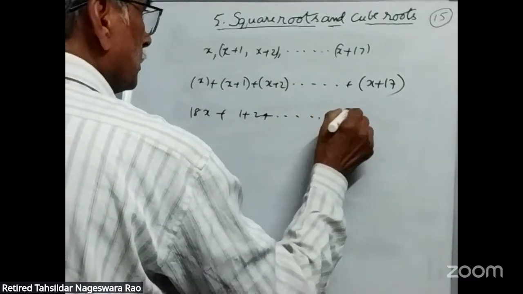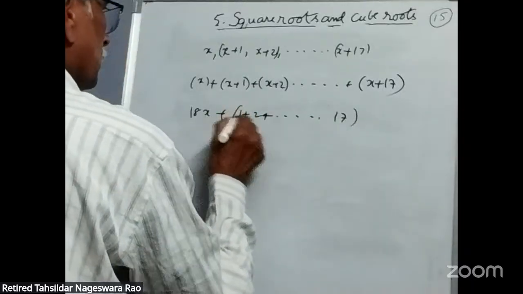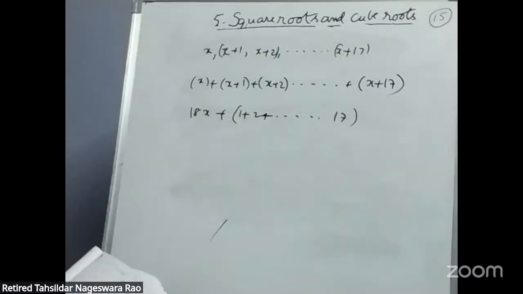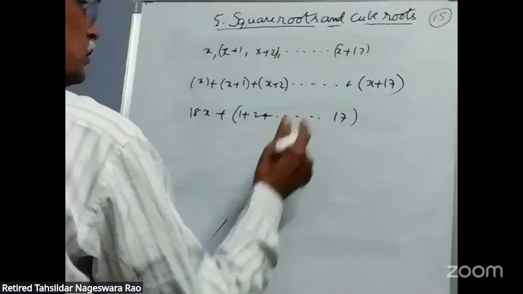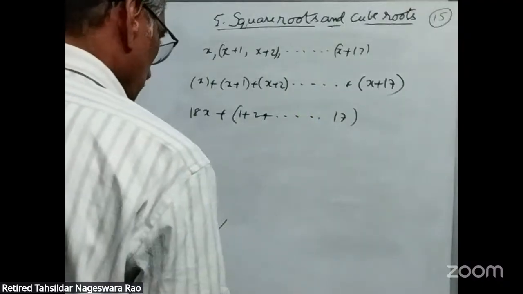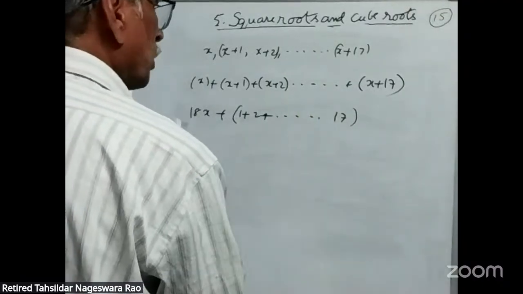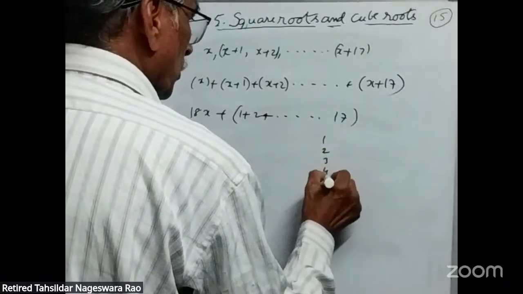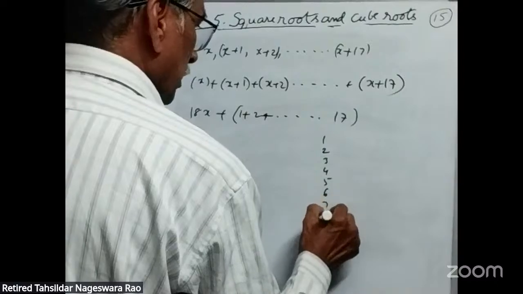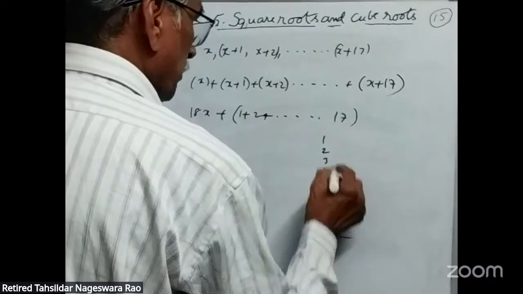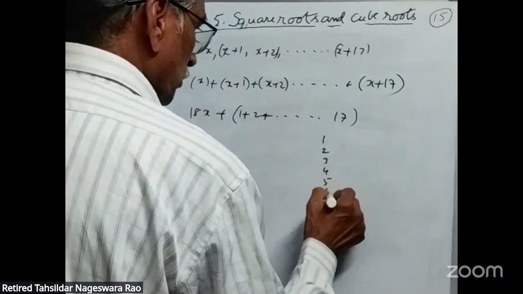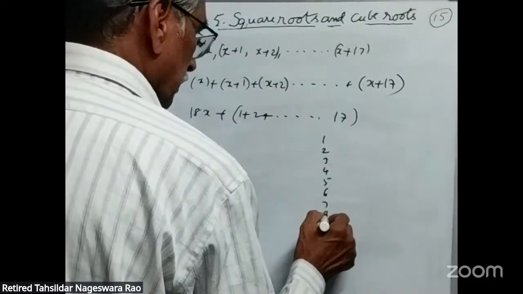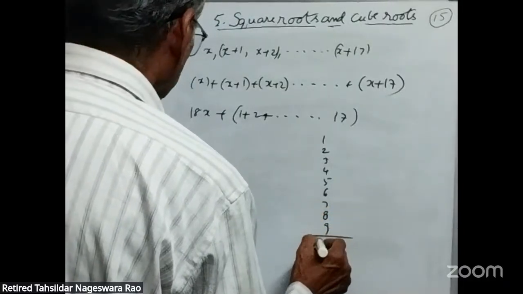This is to be added to 18x. Then how do we add 1 to 17? By ordinary addition we can do it. 1, 2, 3, 4, 5, 6, 7, 8, 9. What happens? 3, 6, 10, 15, 21, 28, 36, 45.